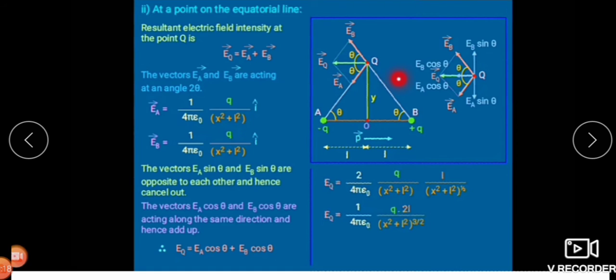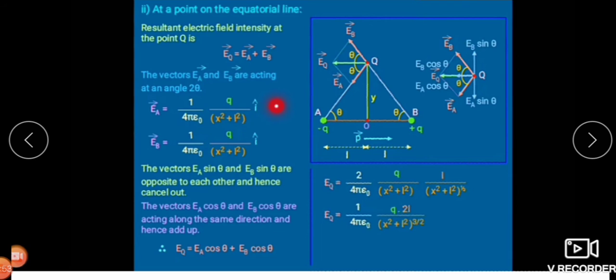For this we have to make a construction. Due to positive charge plus Q at point B, see the diagram, a field away from the positive charge is produced, and this field is shown by the symbol EB along the line BQ, and its magnitude is given by magnitude and direction.